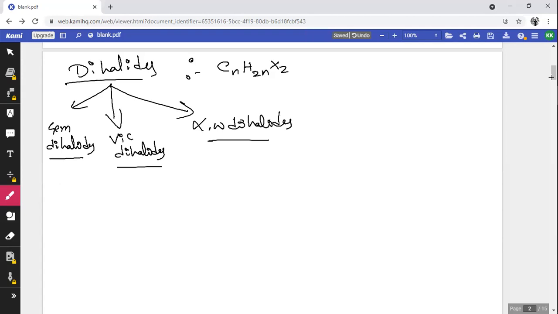Okay, if you consider the first one, that is gem dihalides, the term gem is derived from geminal, which means same position. So it is also called geminal dihalides. The meaning is same position.